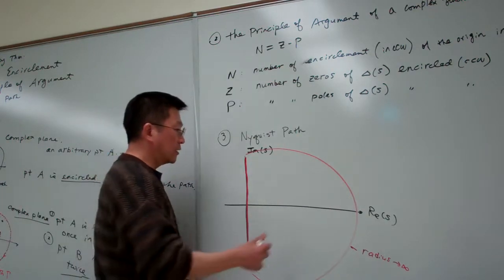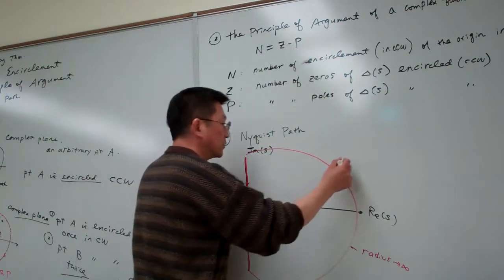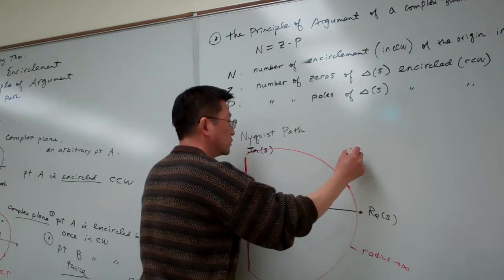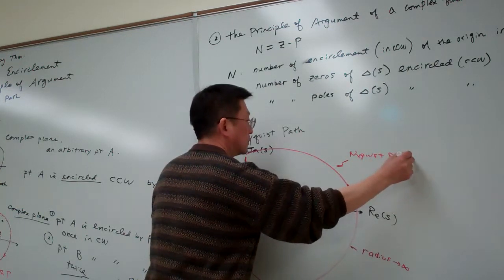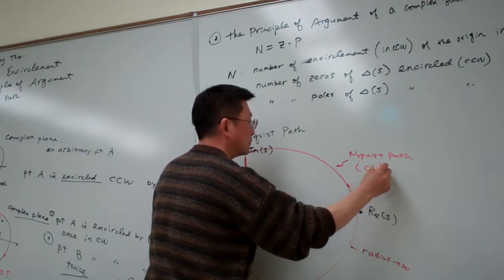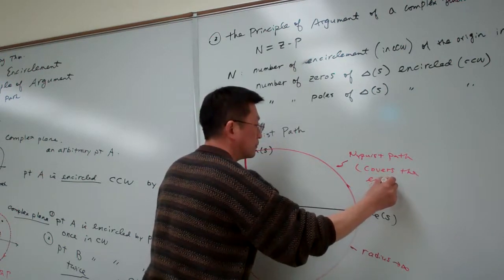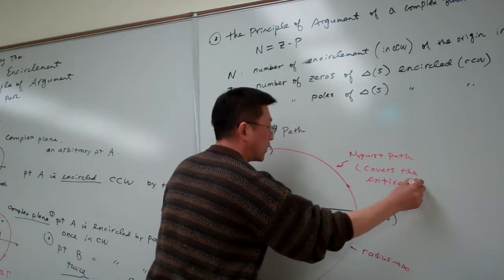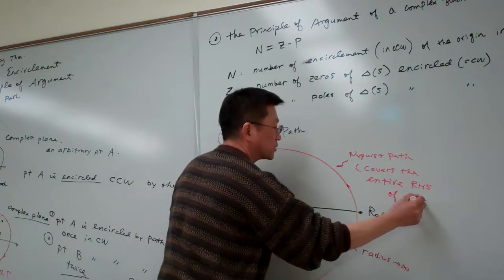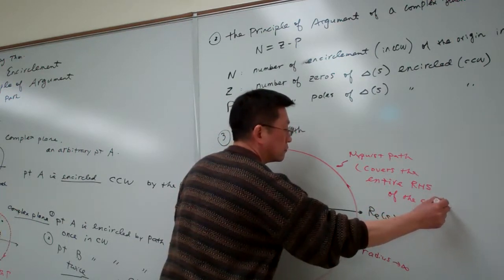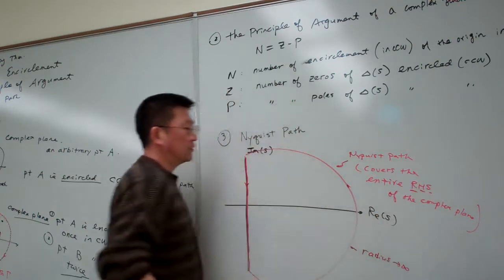Okay, and here again we can take the counterclockwise as a direction. So basically, this is the Nyquist path, which covers the entire right-hand side of the complex plane. Okay, that is the right-hand side of the complex plane.